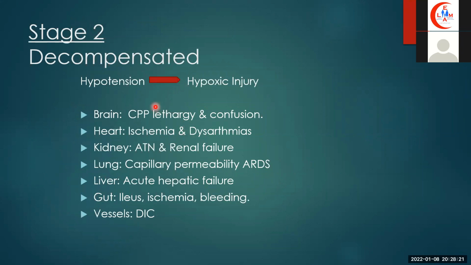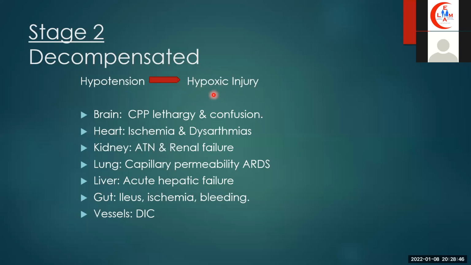And this is the state of shock where the patient becomes hypotensive. And of course, when there's hypotension, there will be hypoxic injury to the tissue. So if the compensation mechanism in stage 1 is not recognized and not treated well, the patient goes into a state of shock.